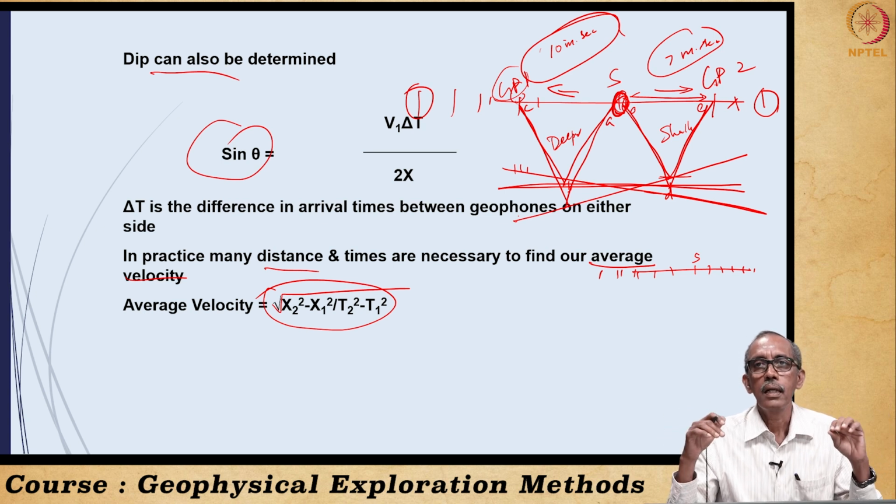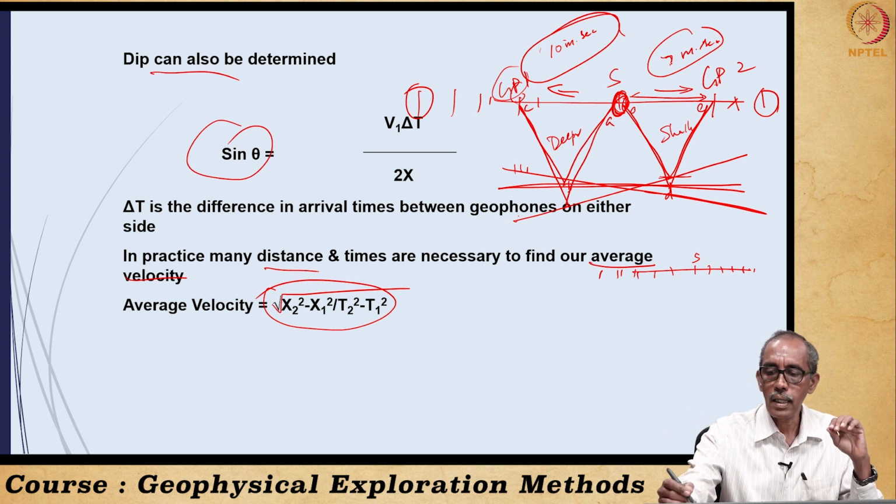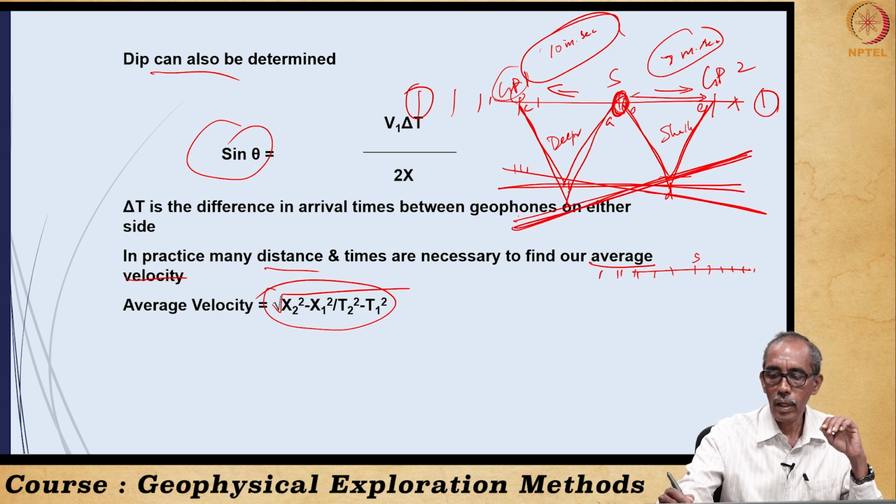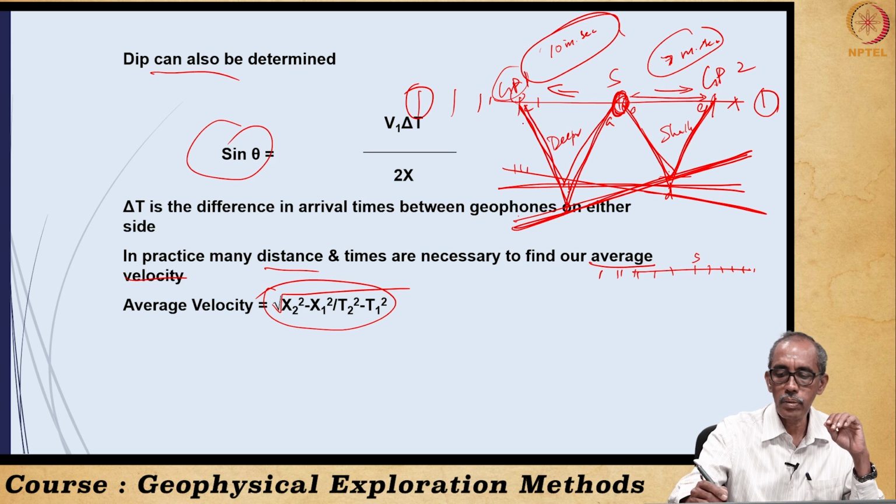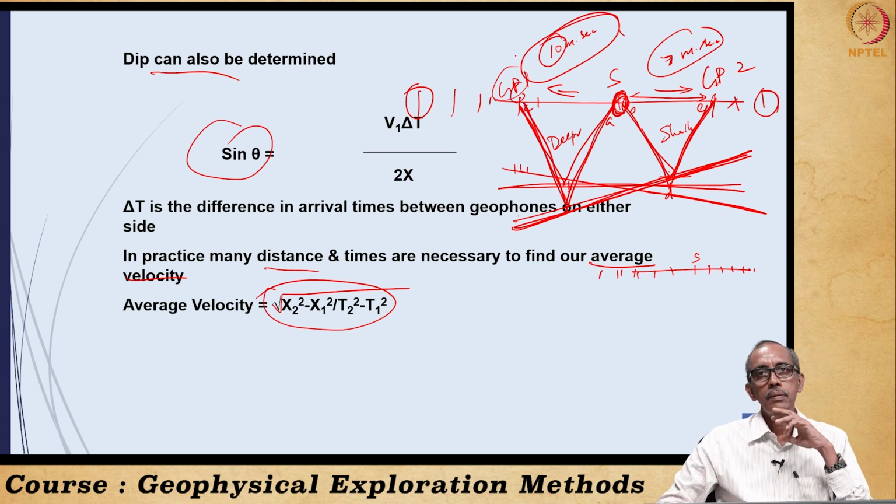Now we are receiving signals at 7 milliseconds here and 10 milliseconds there, which indicates the formation is inclined like this. That is why it travels only a shorter distance and gets back to this receiver in 7 milliseconds, whereas here the formation is at some additional, greater depth, due to which it takes 10 milliseconds.